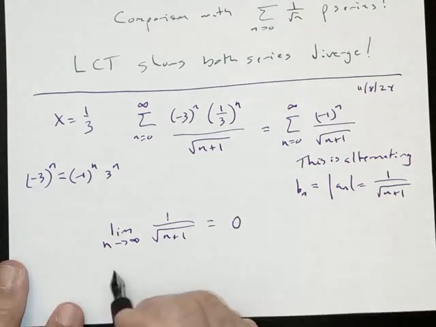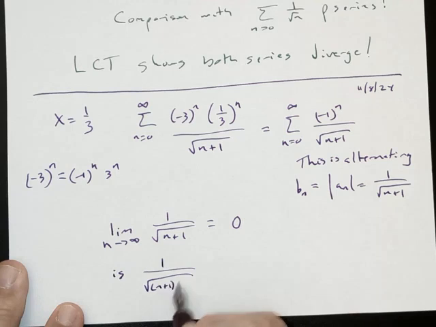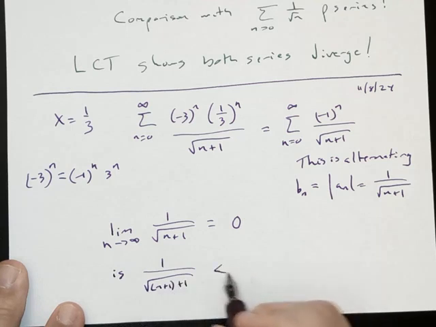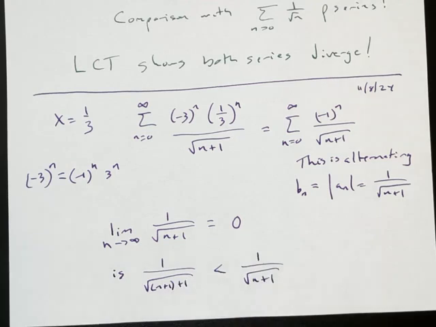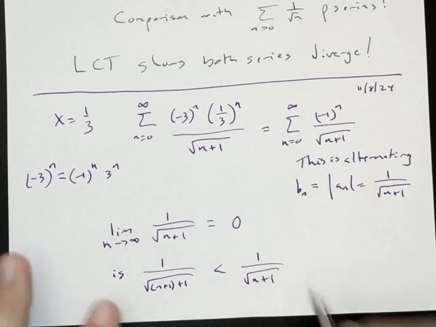Great. And is it decreasing? And in this case, I can tell directly when you make the denominator of a fraction bigger, you make the whole fraction smaller, so it is decreasing.